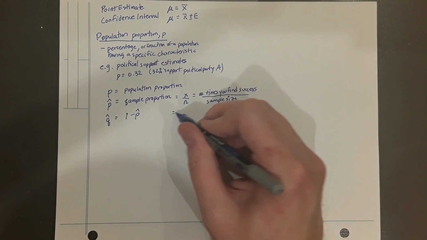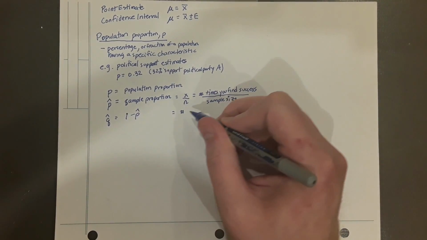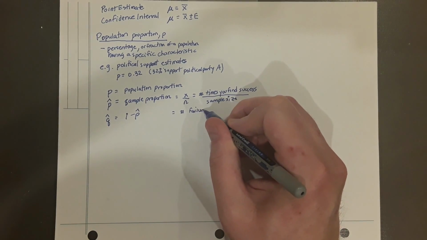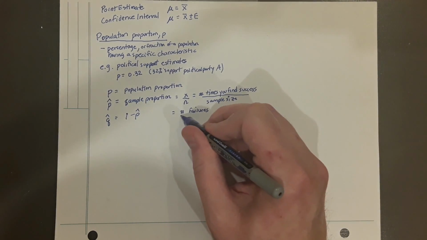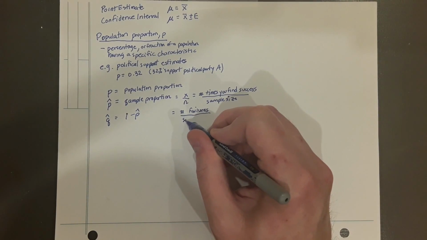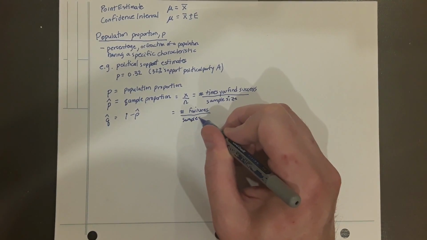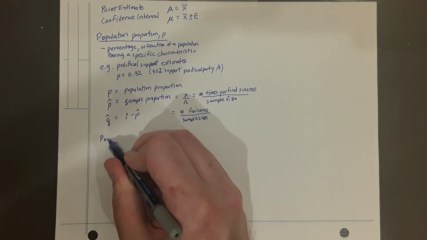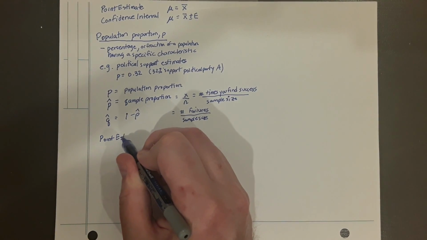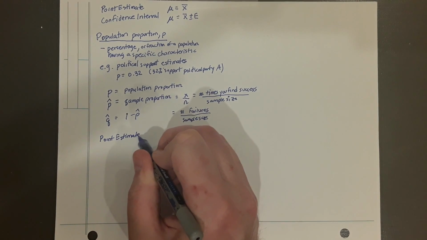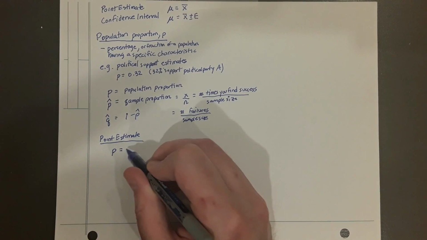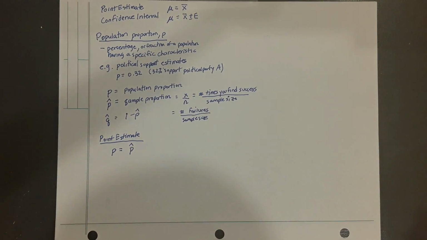This is the number of failures, or the number of times you don't find what you're looking for, out of the sample size. And so our best guess for the point estimate of the population proportion is the sample proportion.